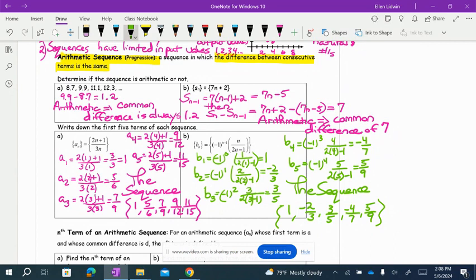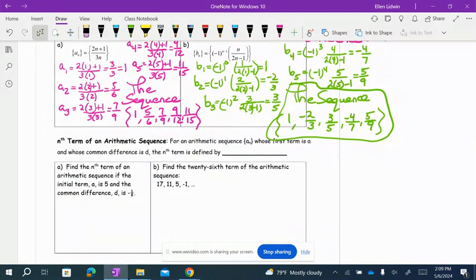And you may look at this as just a plug and chug, which it is once you have the rule. However, it is helping you determine the first 5 terms in a sequence. All right, moving on. It says the nth term of an arithmetic sequence. Well, we know from Algebra 2 that there was a formula a sub n equals a sub 1 plus n minus 1 times d.